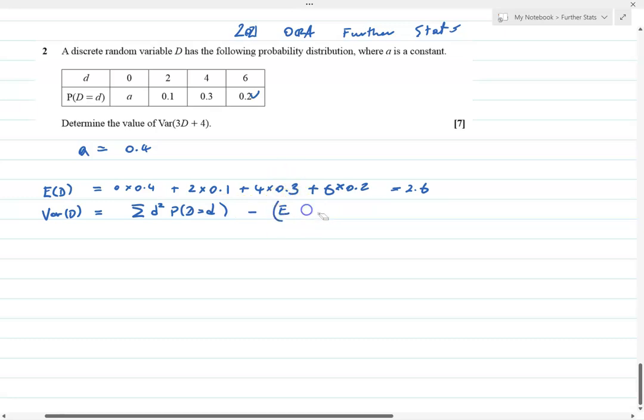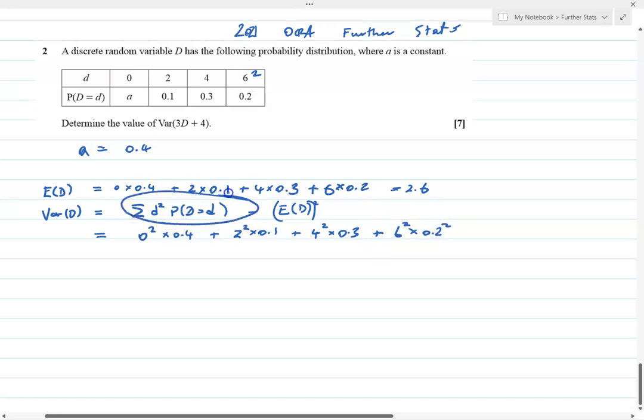So the expectation of D squared is equal to 0 squared times 0.4 plus 2 squared times 0.1 plus 4 squared times 0.3, plus 6 squared times 0.2.